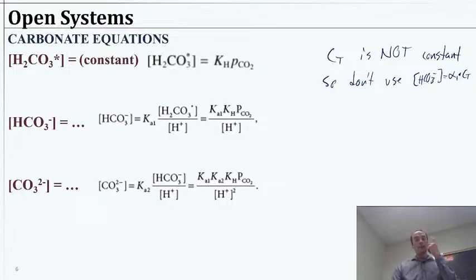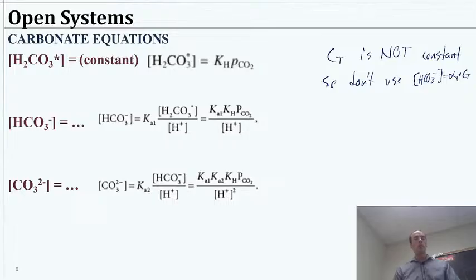Instead, what we could say is, well, we do know how much H2CO3 there is, and we do have a relationship between bicarbonate, HCO3 minus, and H2CO3. That's our first equilibrium reaction. So we could just use that. We'll use this HCO3 minus based on our equilibrium equation.